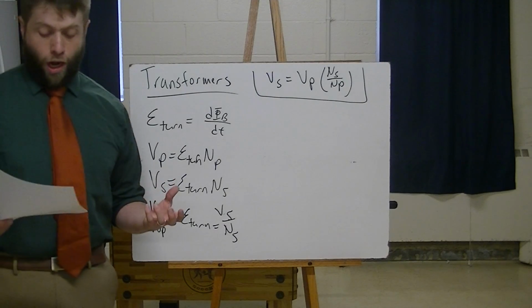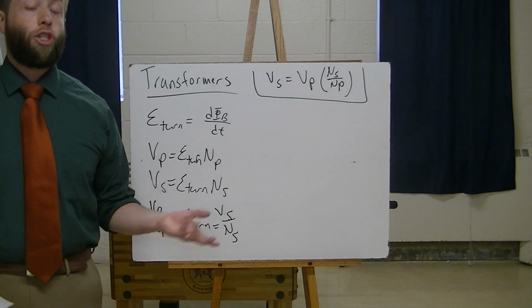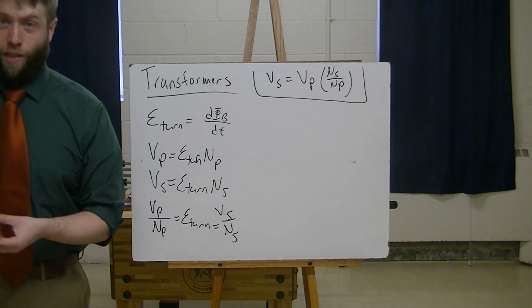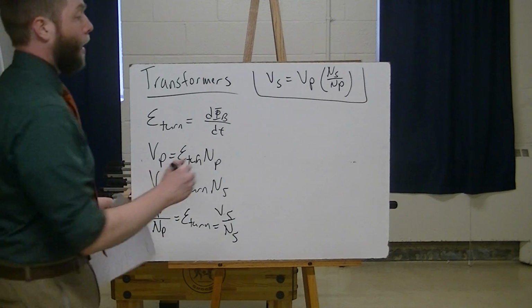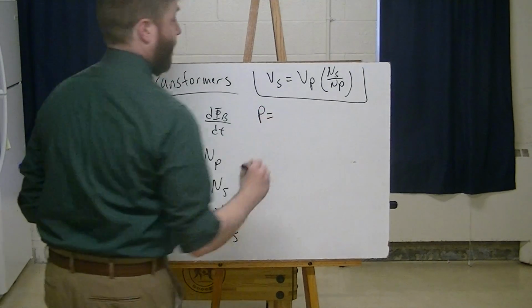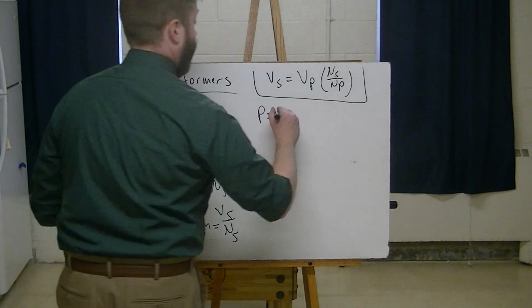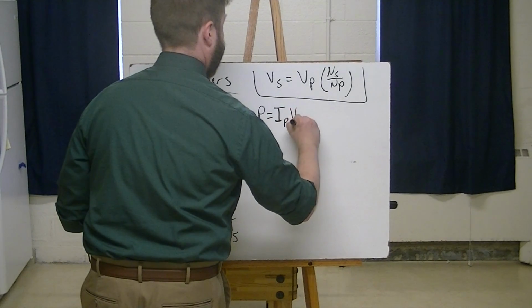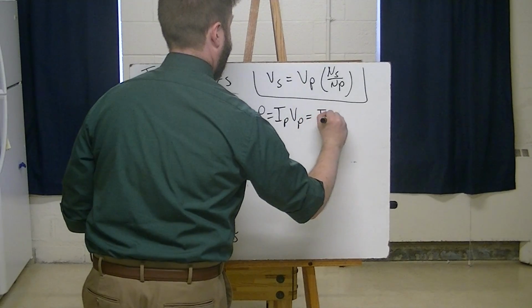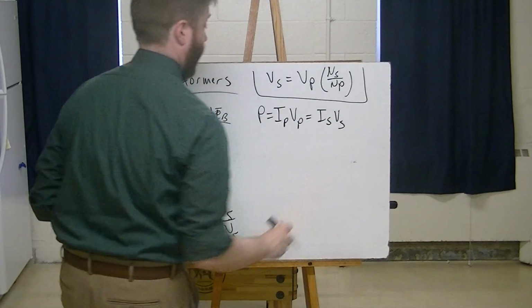Now by energy conservation, we have to have the same power in both the primary and the secondary wire. This is where it gets a little hinky. That means I primary times V primary must be equal to I secondary times V secondary.